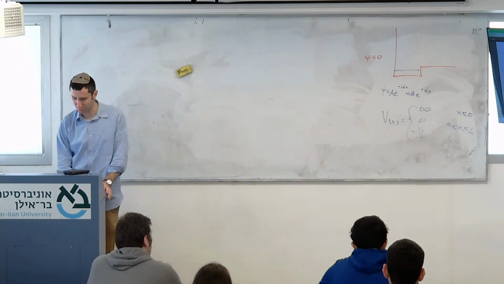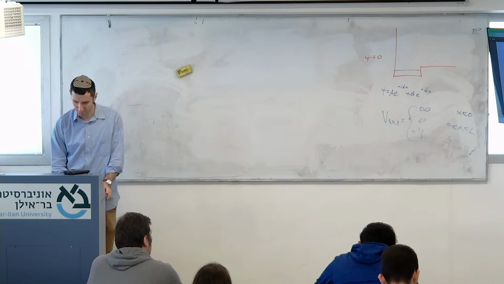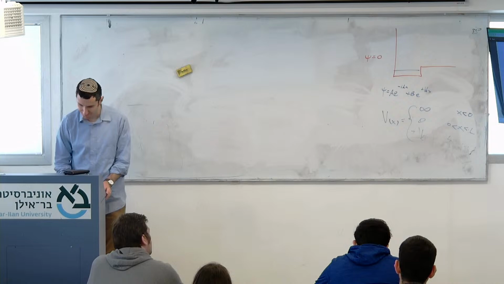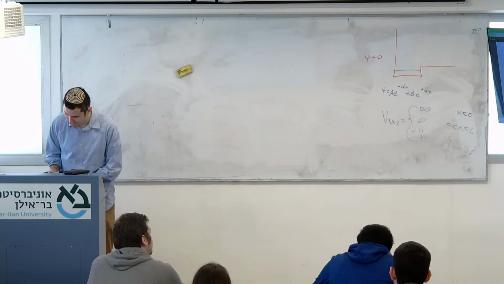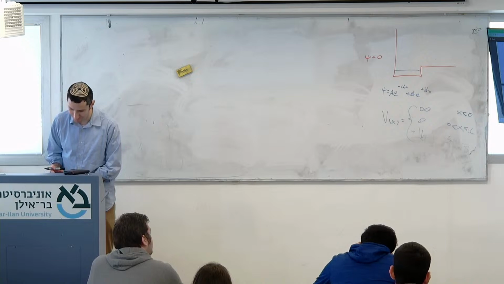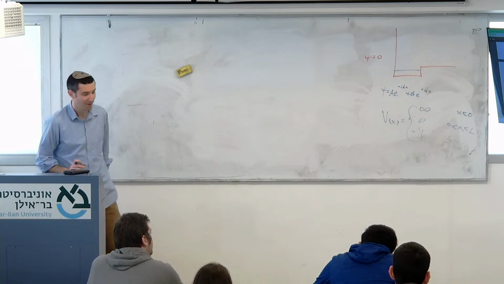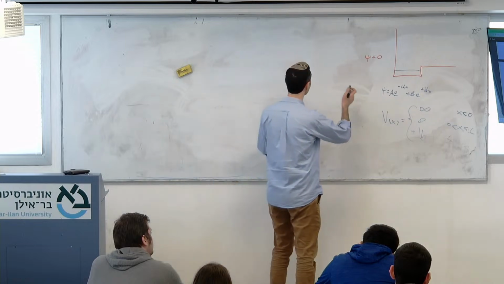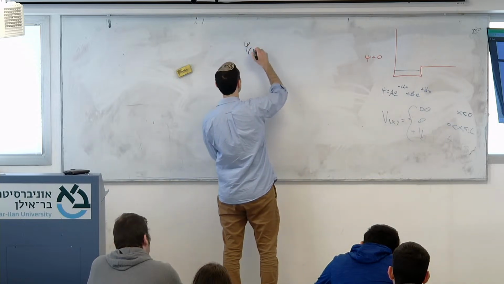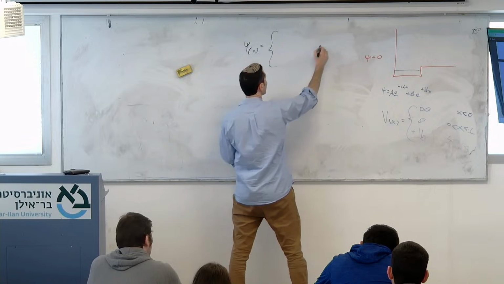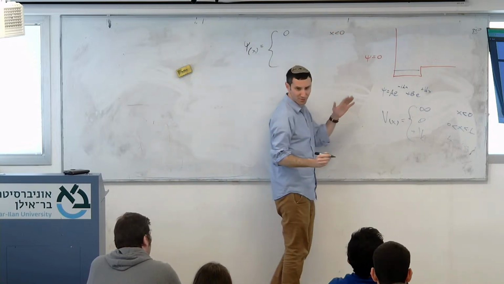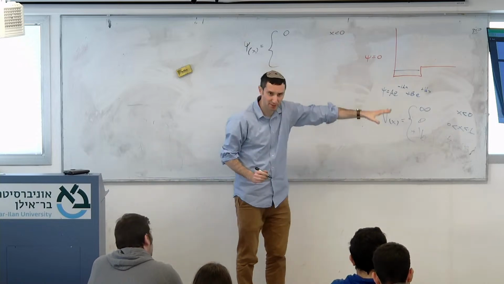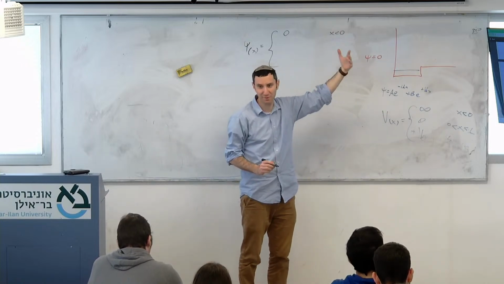I can just skip to the solution here. So this is the solution that I'm expecting, where psi of x will be, if x is smaller than 0, then it's 0, because otherwise there's no... you can see the development of it in this PDF that's in the Moodle.